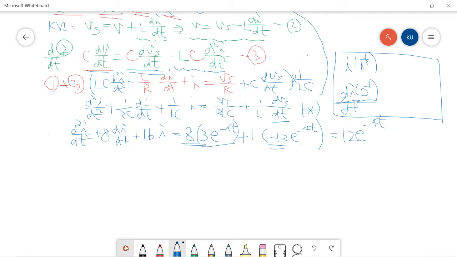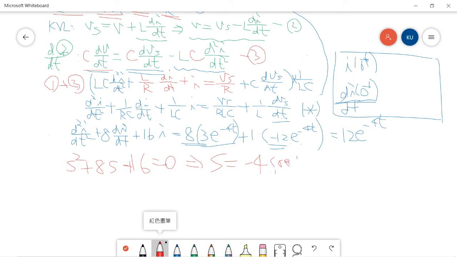So first of all, we try to solve for the homogeneous solution, which we can write as s squared plus 8s plus 16 equals 0. So s is minus 4, and actually these are repeated real roots, which means that the homogeneous solution IC would be a plus bt times exponential to minus 4t, like this.